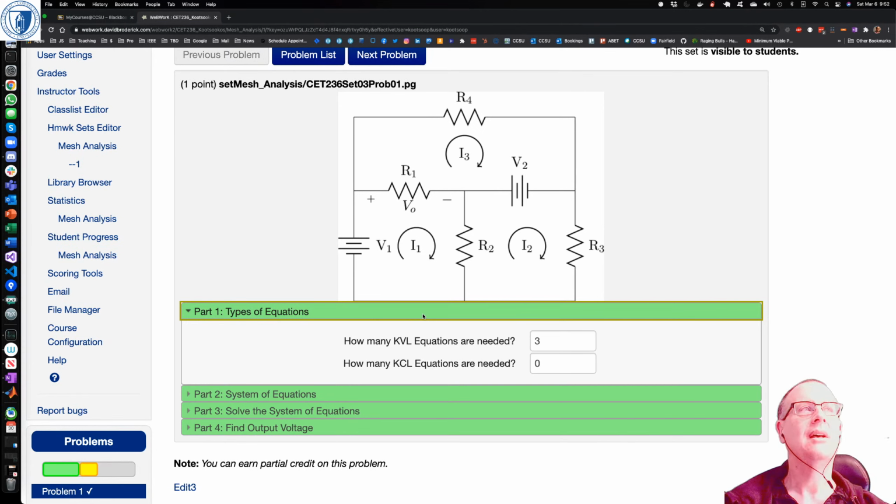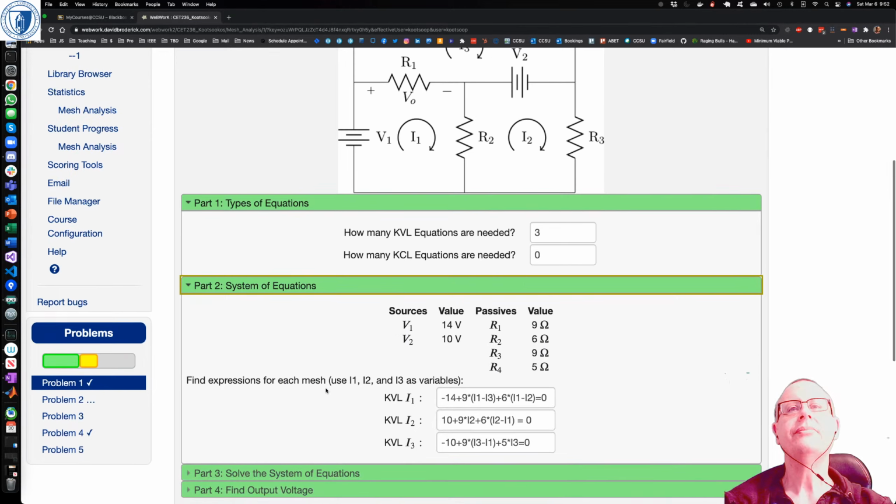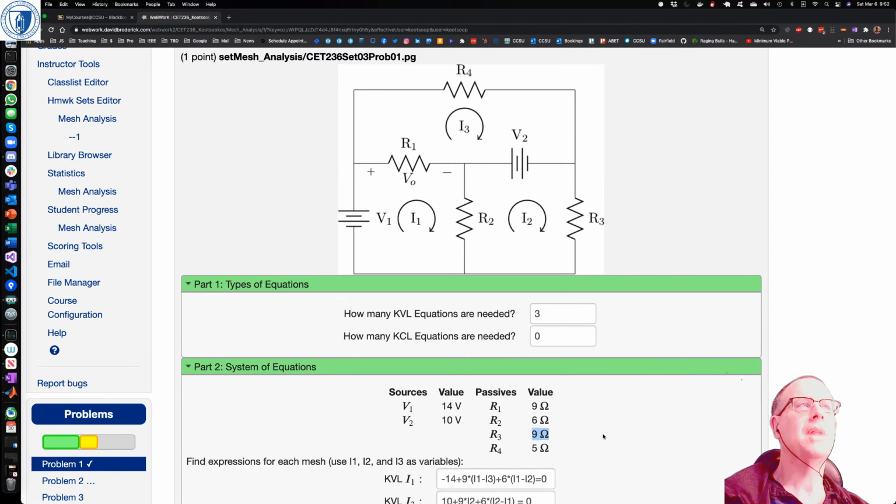Remember, if there's a single mesh current going through a current source, then we've got the answer immediately. And then the system of equations, right? Be careful with some of these questions. Some of these questions give you kilo ohms in the resistor value. So just be careful that you've got the right scale.